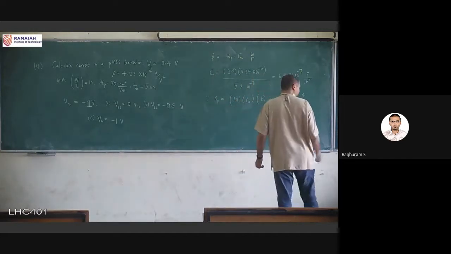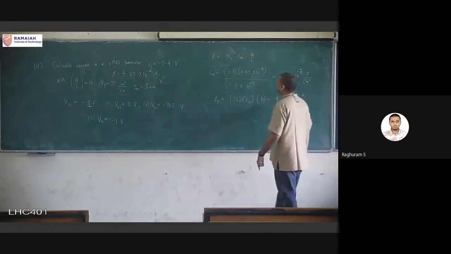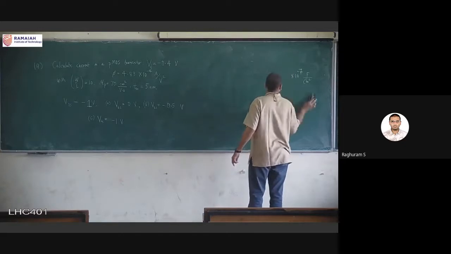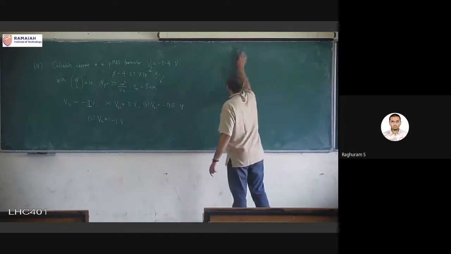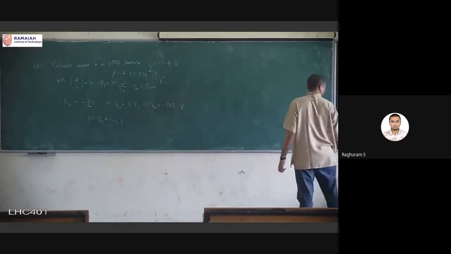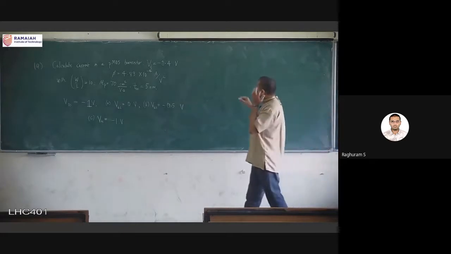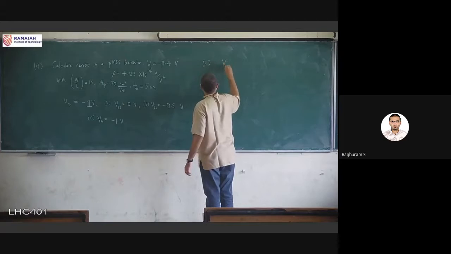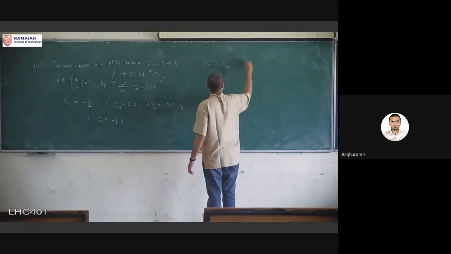So once I have that beta, I will just keep it there for now and calculate first the region of operation, then we can calculate the current. So we'll start with region A. Here also we have to compare VGS and VT.